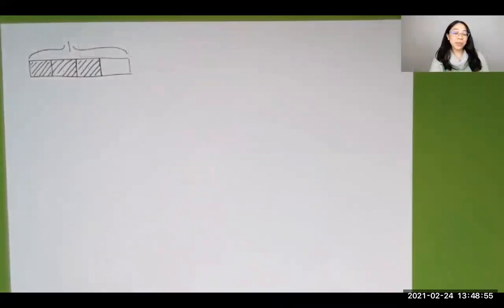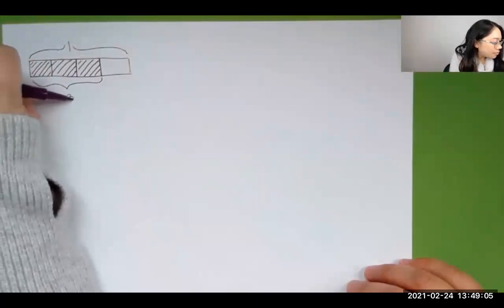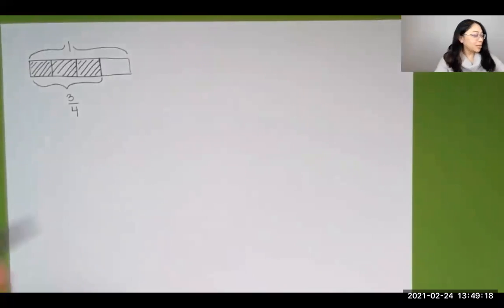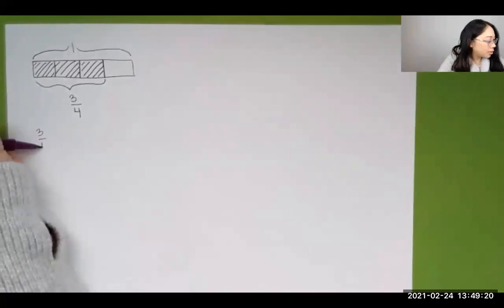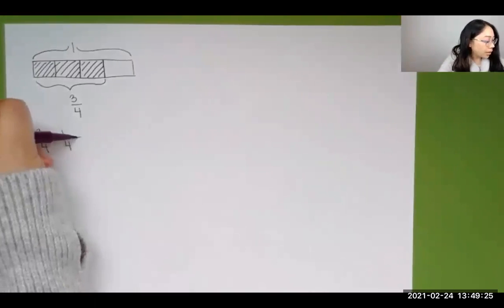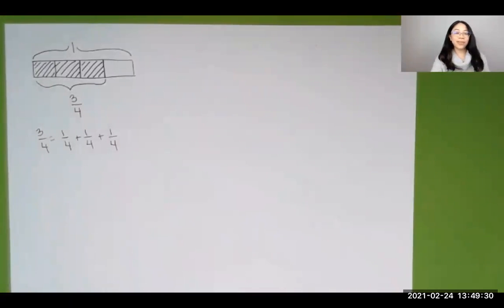What fraction is represented by the shaded part? 3/4. Think, how can we say 3/4 decomposed as a sum of unit fractions? 3/4 equals 1/4 plus 1/4 plus 1/4.